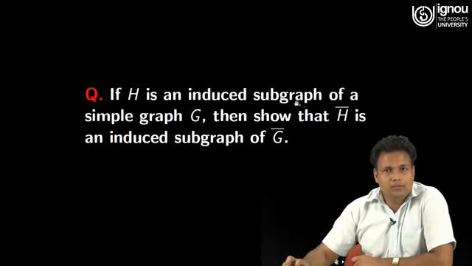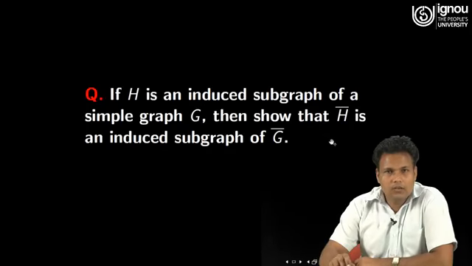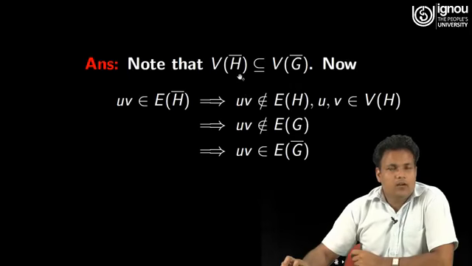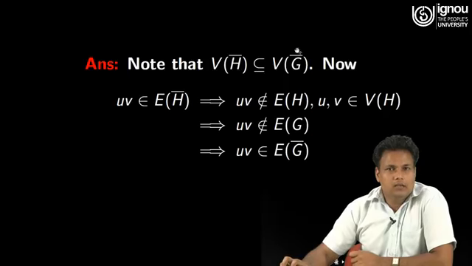If H is an induced subgraph of a simple graph G, then we shall show that H bar is an induced subgraph of G bar. The first thing is that the vertex set of H bar is a subset of the vertex set of G bar, because the vertex set of H bar is nothing but the vertex set of H itself, and the vertex set of G bar is nothing but the vertex set of G itself.